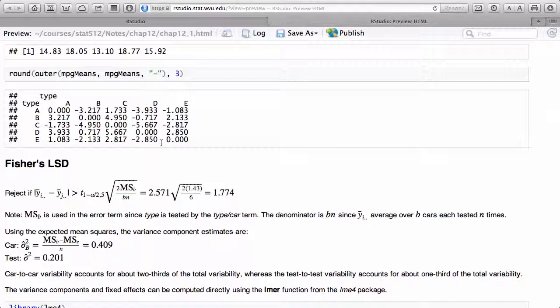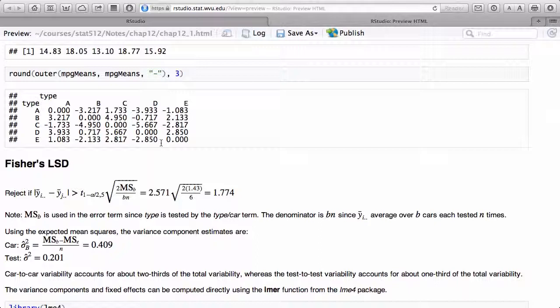So I don't need the upper if I have the lower or vice versa. So typically you would just need the lower triangular part of that matrix, and those are the pairwise differences. How many of them are there? There are 5 treatment groups taken 2 at a time: 5 factorial over 3 factorial times 2 factorial, which is 5 times 4 over 2, which is 10. So there are 10 differences.